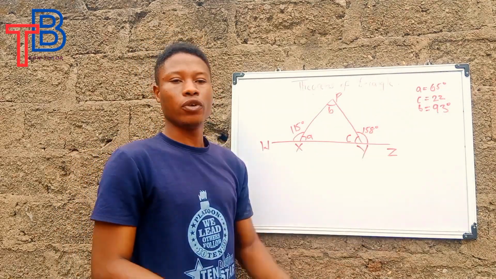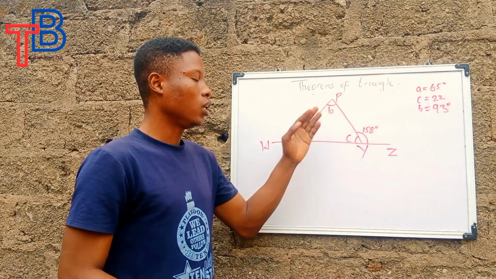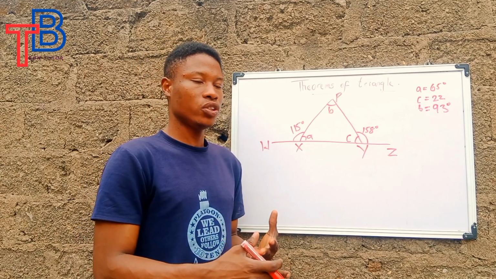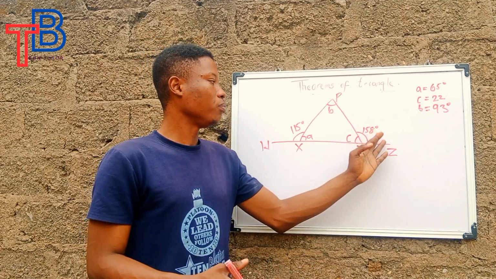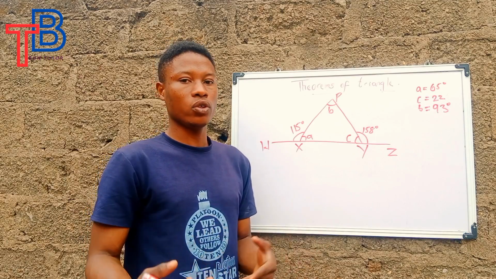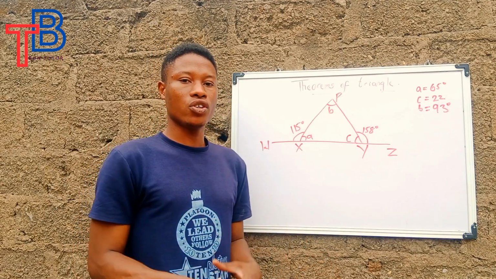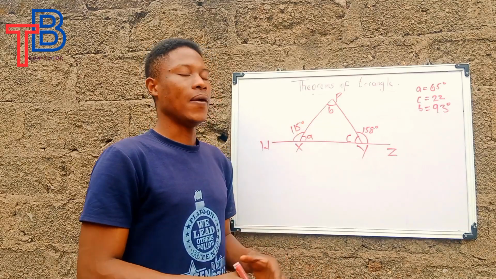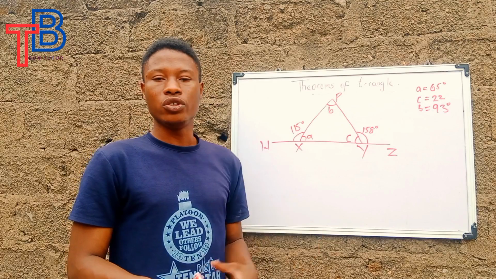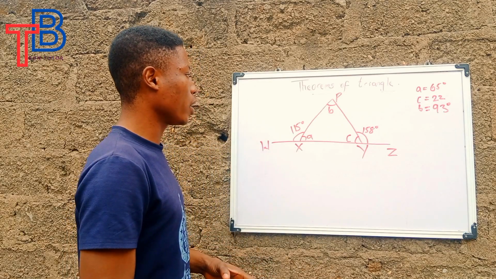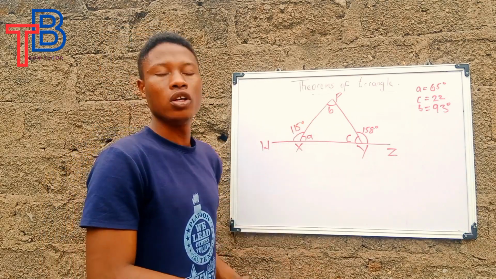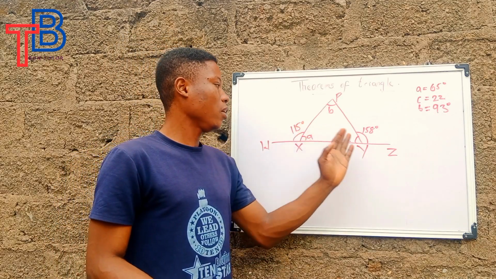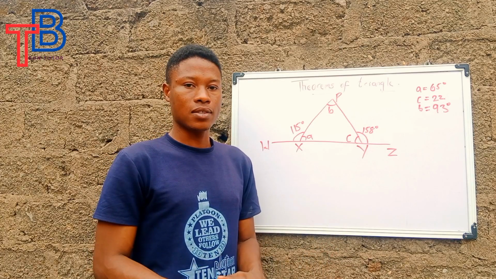So this has the answer from the previous solution for this example, and I would like us to just try and use the theorem that says one exterior angle is equal to the sum of two opposite interior angles, and see how easy we can apply that to get our answer, instead of using all the long process. But before we can do that, we still have to find one of the interior angles first, and we can actually make use of either our A or our C to do that.